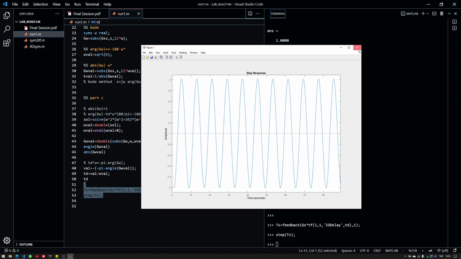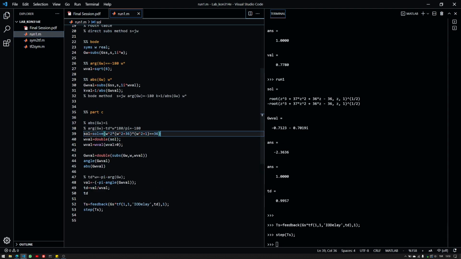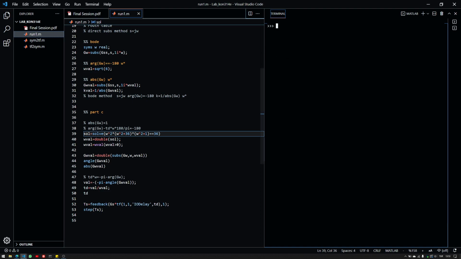So we've basically determined the amount of delay that can be added to the system using the Bode plot, but not the Bode plot itself, but the data from the Bode plot or the frequency domain approach here. So it might be a bit of a mouthful here, but it's really not that difficult.